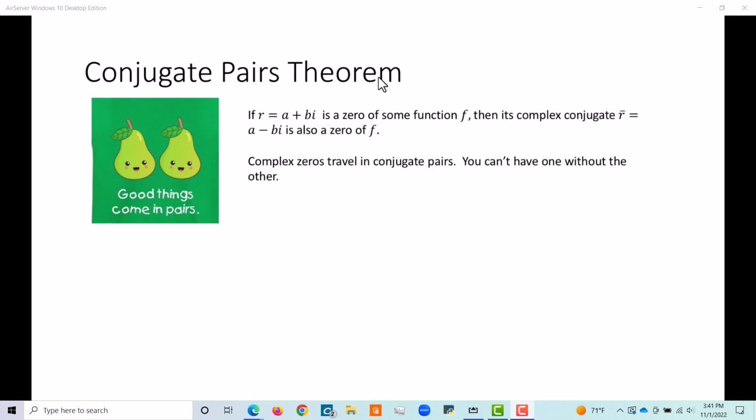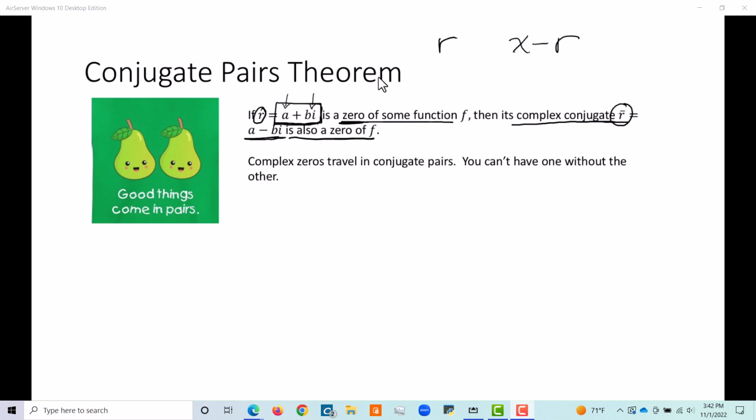All right, here is our conjugate pairs theorem. If R, and we've used R before, like if R is an x-intercept of a function, we can write the factor as x minus R. Using it the same way, if R equals a complex number, and I should say a complex number has a real part and an imaginary part, and this complex number is a zero of our function, then we know that its complex conjugate, which is represented by R with a little bar over it, is also a zero of f.